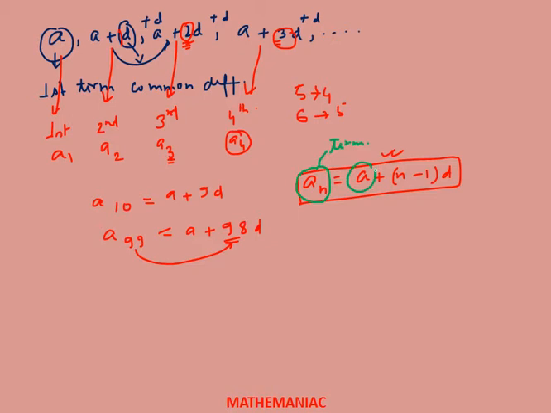This is the first term. This is the place where this particular term is placed, and D, as you know, is the common difference. So here there are 4 unknowns in total. This is one, this is the second, this is the third, this is the fourth.